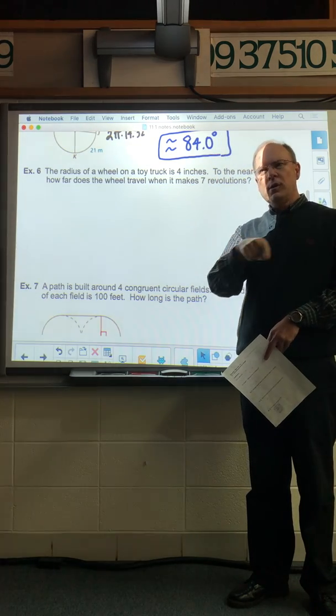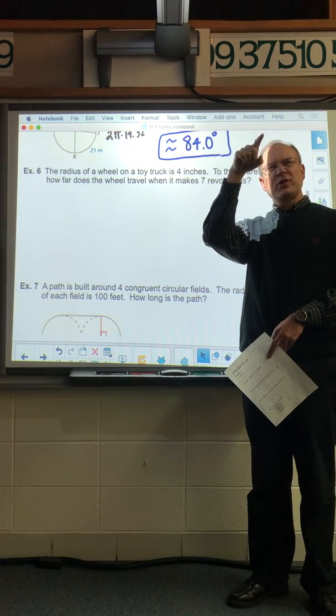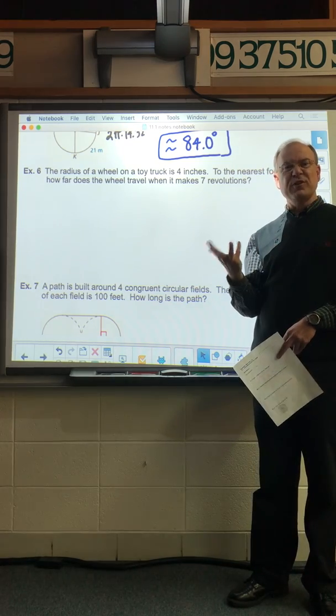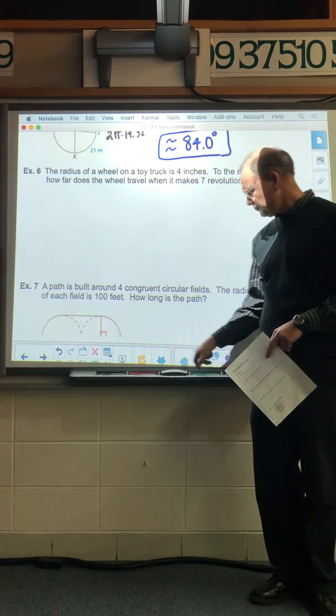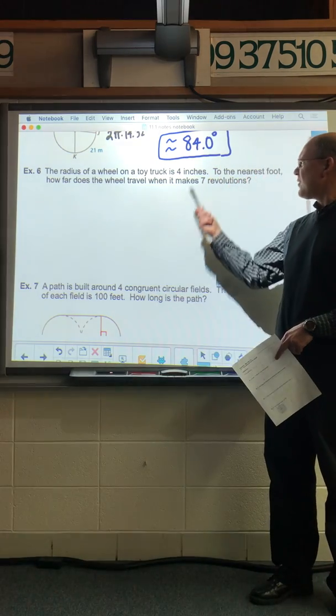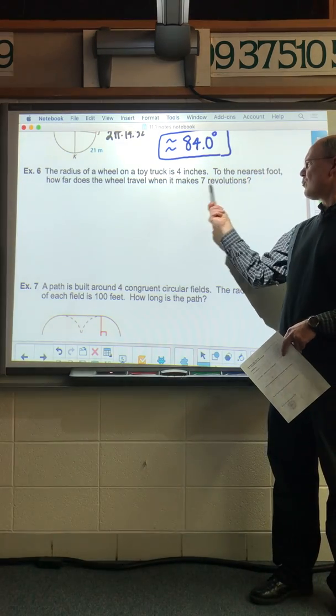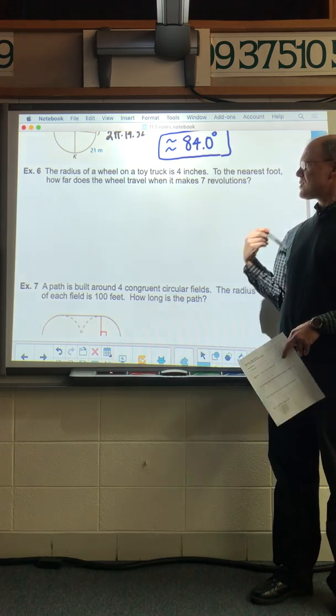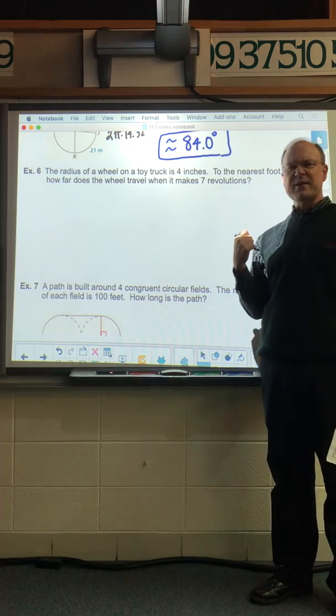So 1 revolution would be equal to the circumference of the circle. So we're going to want to find the circumference, which would be 1 revolution, and then multiply that circumference times 7. So the question is, how far does the wheel travel when it makes 7 revolutions?